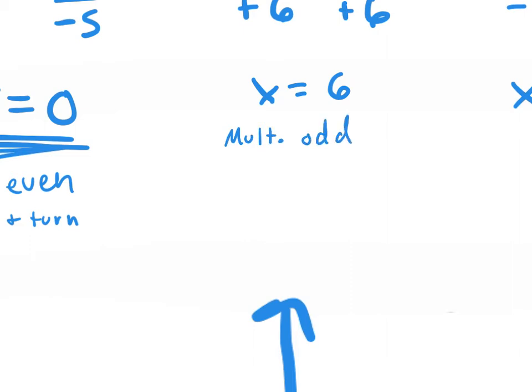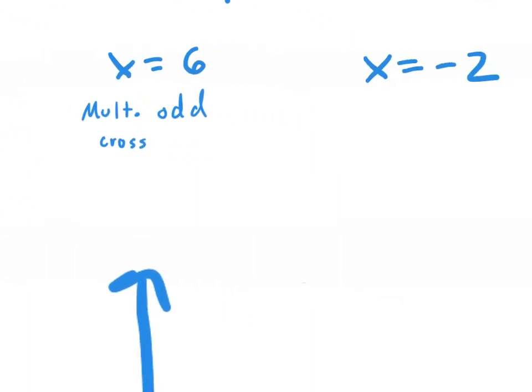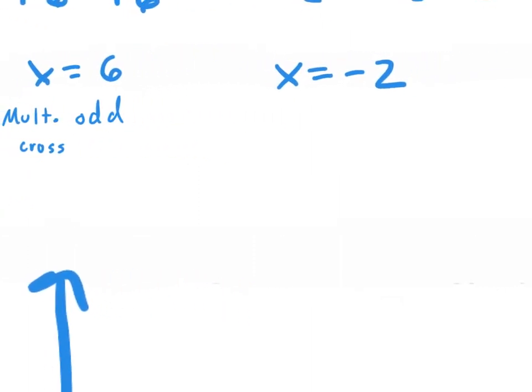So if our multiplicity is odd, does it touch and turn or go through? It goes through. I'm going to say it crosses, but cross is the same thing as go through. How many negative 2's do we have? 1. So is our multiplicity even or odd? Odd. So do we cross or touch and turn? Cross. We cross.